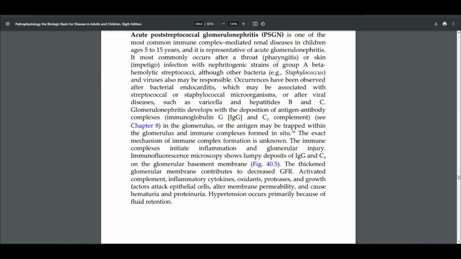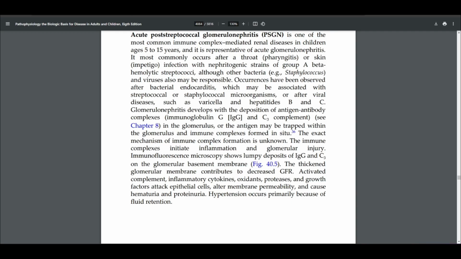Glomerulonephritis develops with a deposition of antigen-antibody complexes, immunoglobulin G or IgG, and C3 complement in the glomerulus, or the antigen may be trapped within the glomerulus and immune complexes form in situ. The exact mechanism of immune complex formation is unknown. The immune complexes initiate inflammation and glomerular injury.